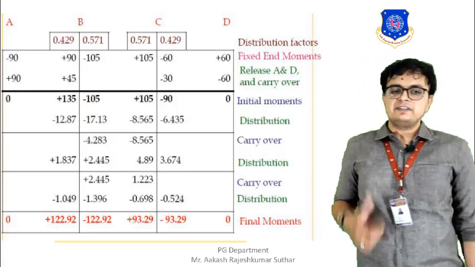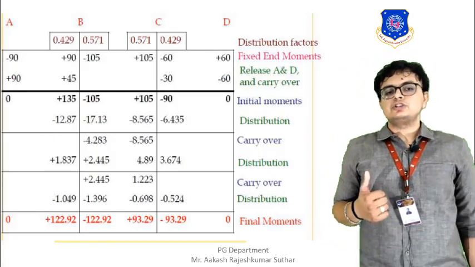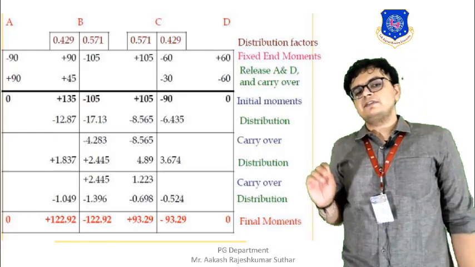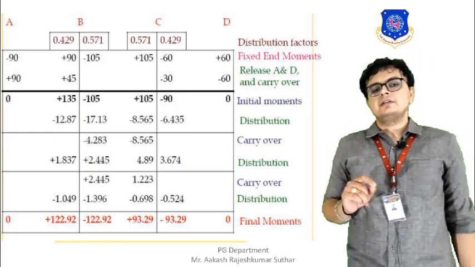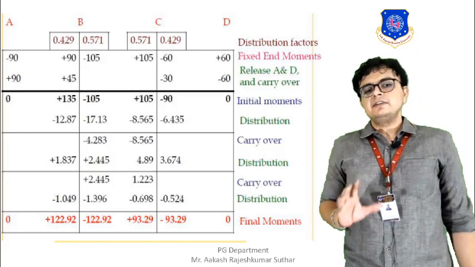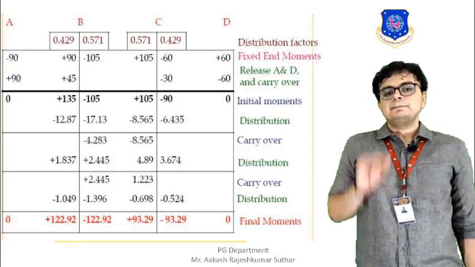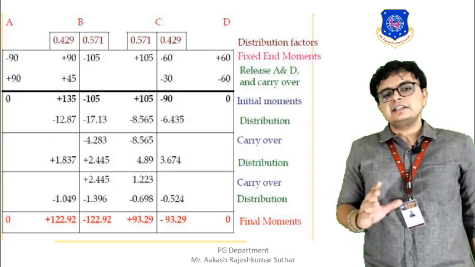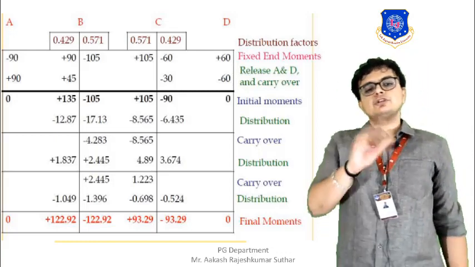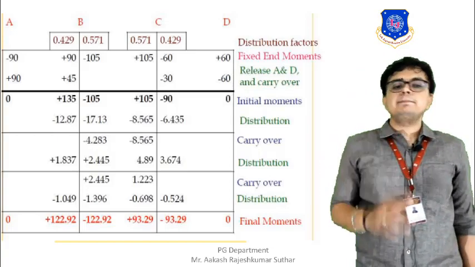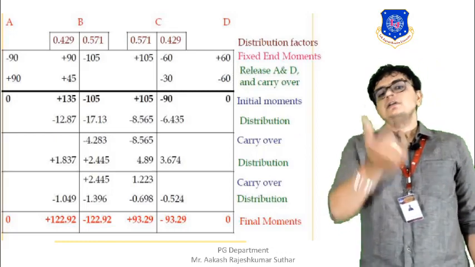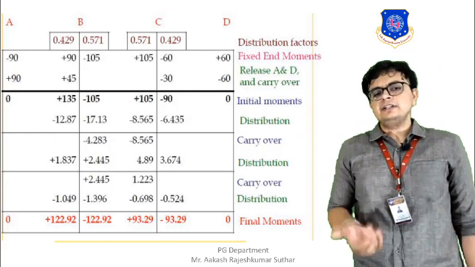After that we have to do the distribution. Distribution will be done in such a way that plus 135 minus 105 gives us plus 30. That plus 30 will be multiplied by 0.429 for MBA, and while distributing it, the sign will be the opposite.